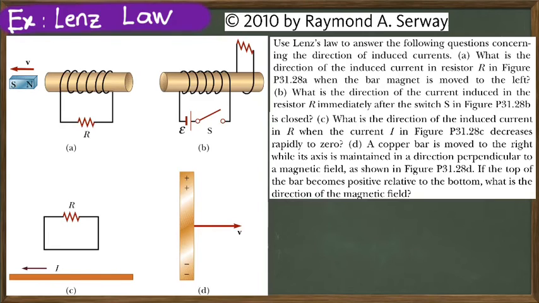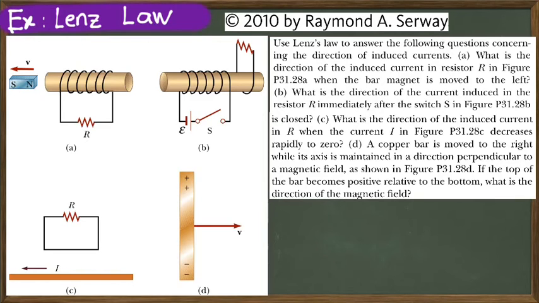When you close the switch, initially there is no magnetic flux, right? When you close the switch, the current will flow in the clockwise direction in the first loop, right? The current will flow in this direction. So it will increase the flux toward left, right?